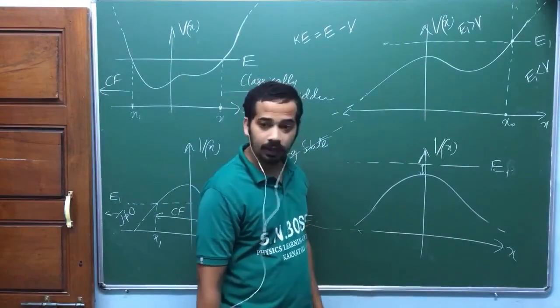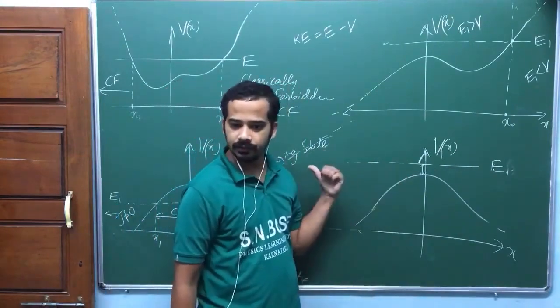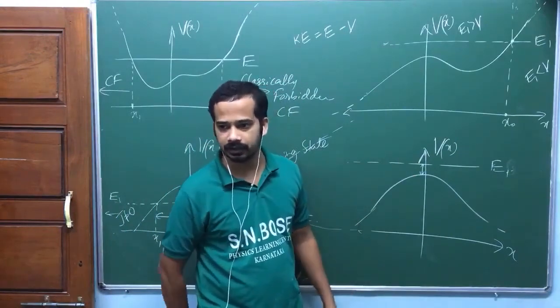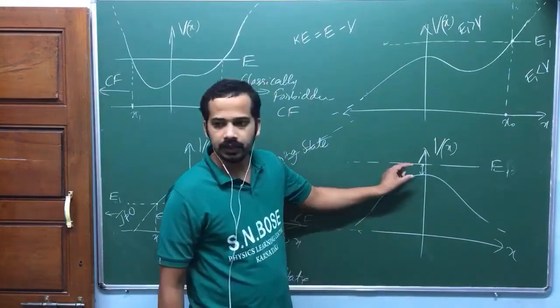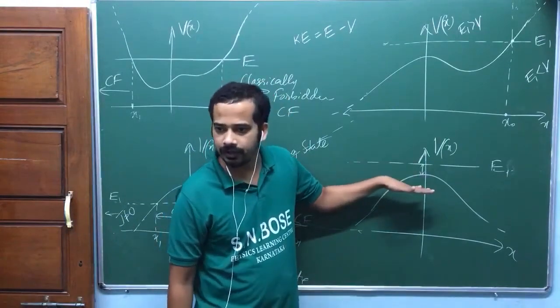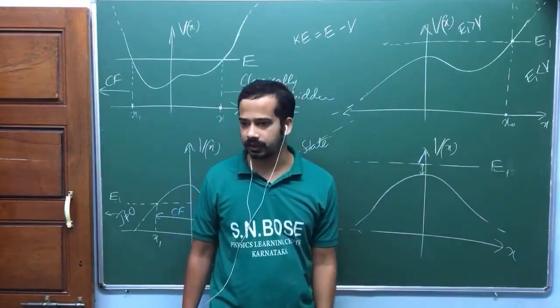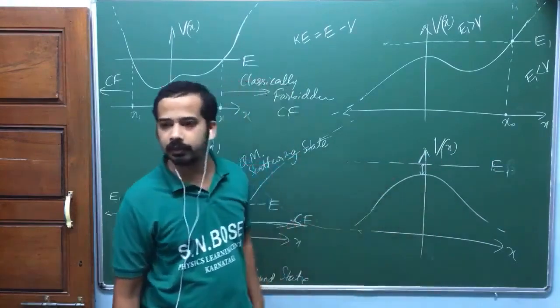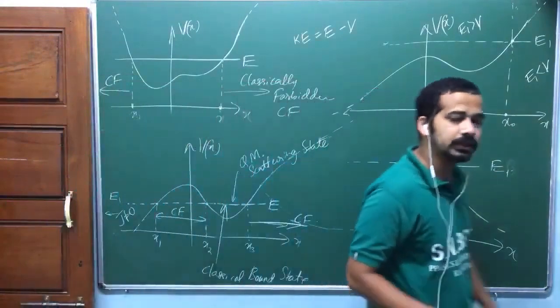But quantum mechanically, if you shoot the particle from here, some reflection coefficient exists that we can't imagine classically. Classically, the particle energy is higher than the barrier, so it should go with 100% transmission. But quantum mechanically it is not 100% transmission; some reflection will also be there. But quantum mechanically as well as classically, this is a scattering state.